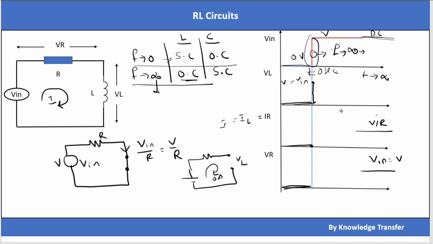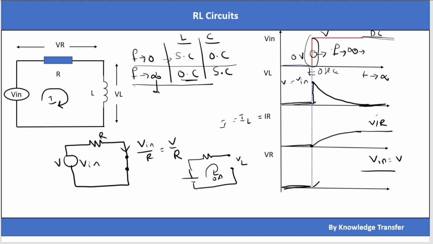Then we know that at t tends to infinity, VL will be 0 volts. So from Vin it will eventually go to 0 volts. In the same way, the current is initially 0 ampere, and eventually it goes to V by R.